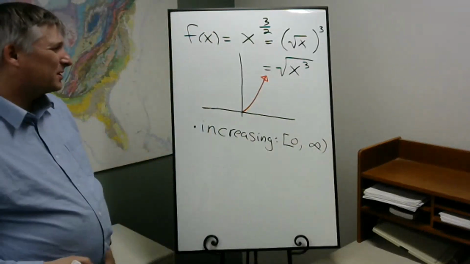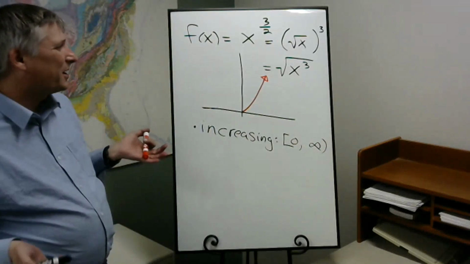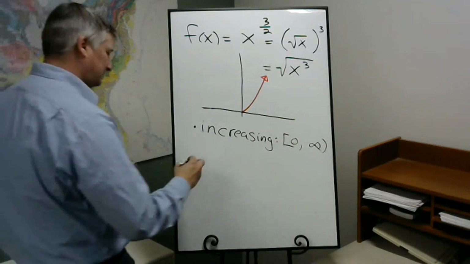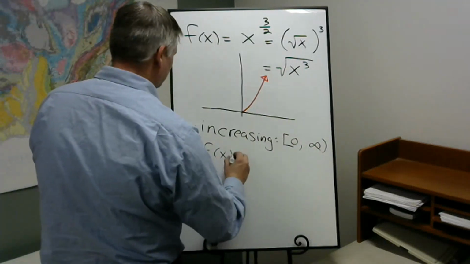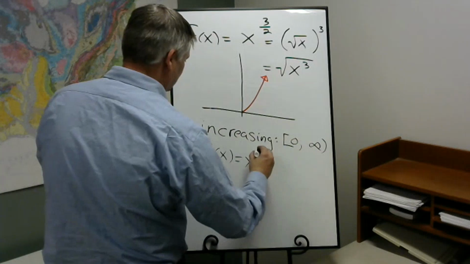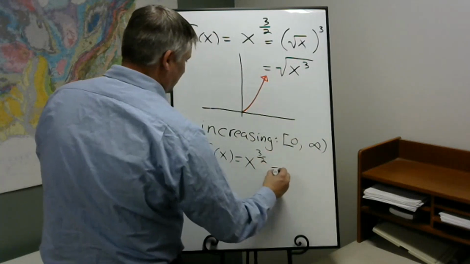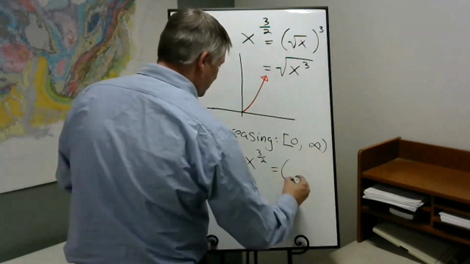And as far as symmetry goes, this one, again, you can try to put in that negative x. And we could say go with this version of it.